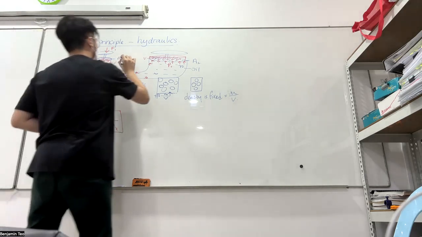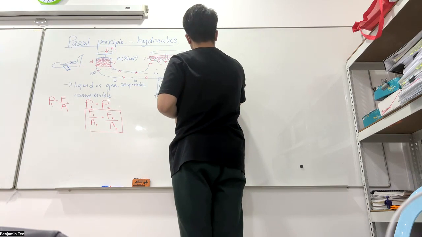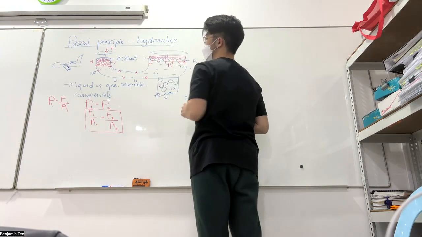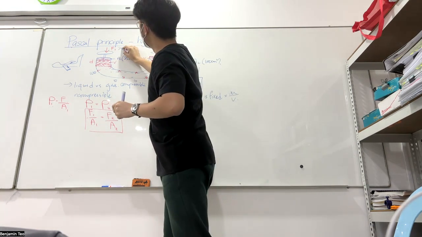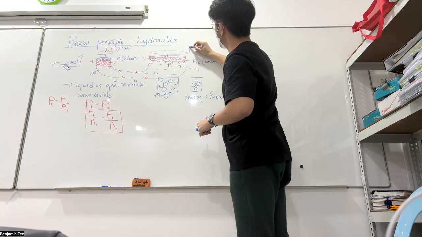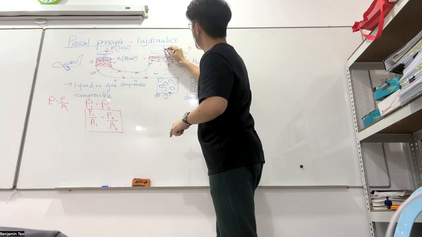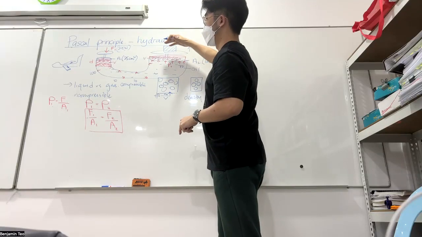Now, for example, here I put area 25 cm square. This one is 100 cm square, 4 times larger than this area. I apply a force of 20 newton. What is the force I get from here? Or what is the maximum mass that I can carry on the other side?